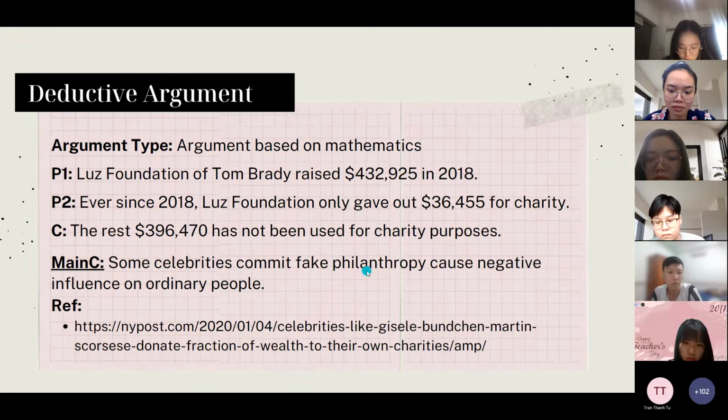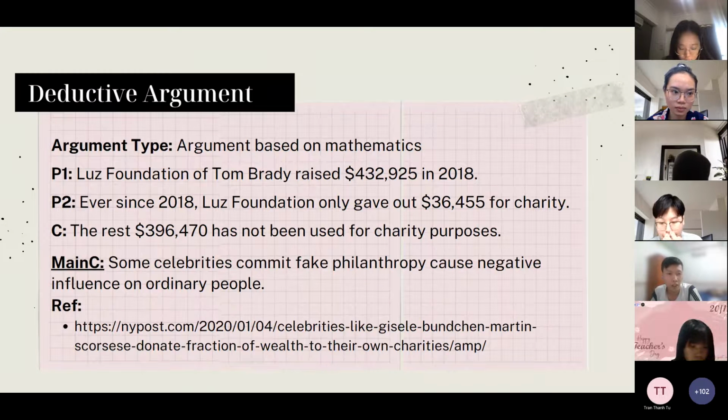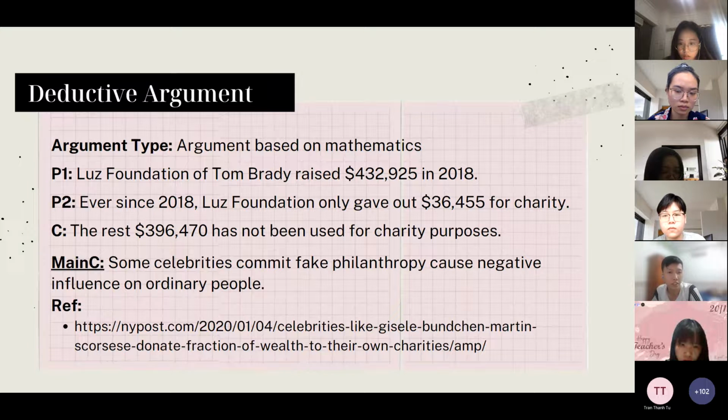We have an argument based on mathematics. The case is the Lux Foundation of Tom Brady. The first remit is that he raised about 432,925 in 2018, and the second remit is that ever since 2018, the Lux Foundation only gave out 36,455 for charity.